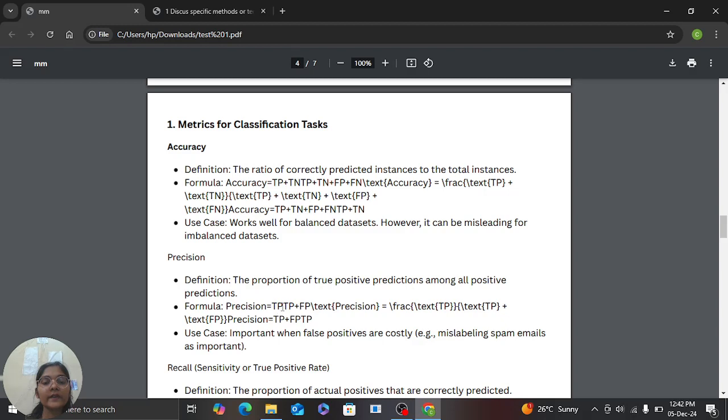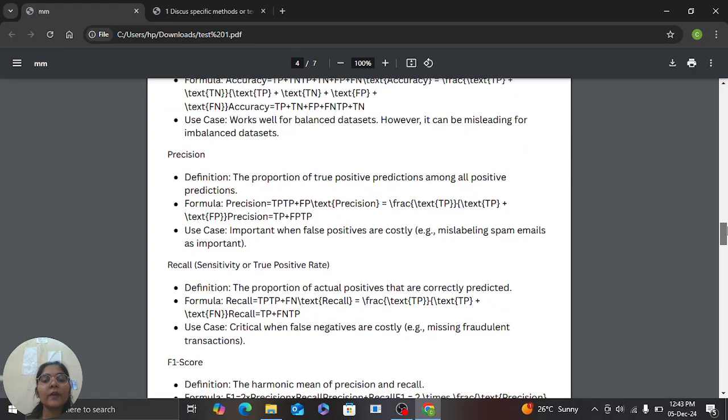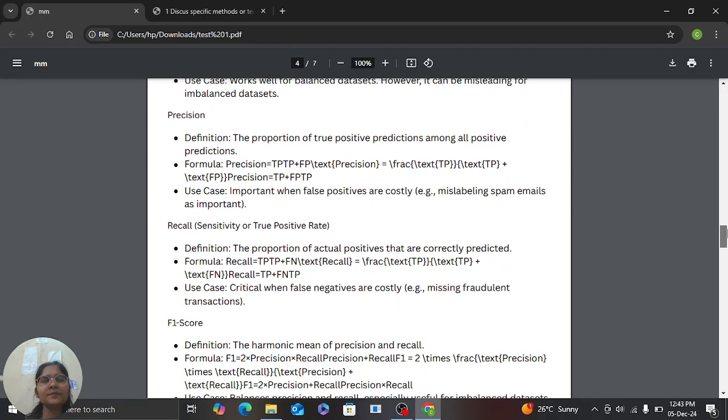The formula for this is given, and it is basically used when false positives are costly.